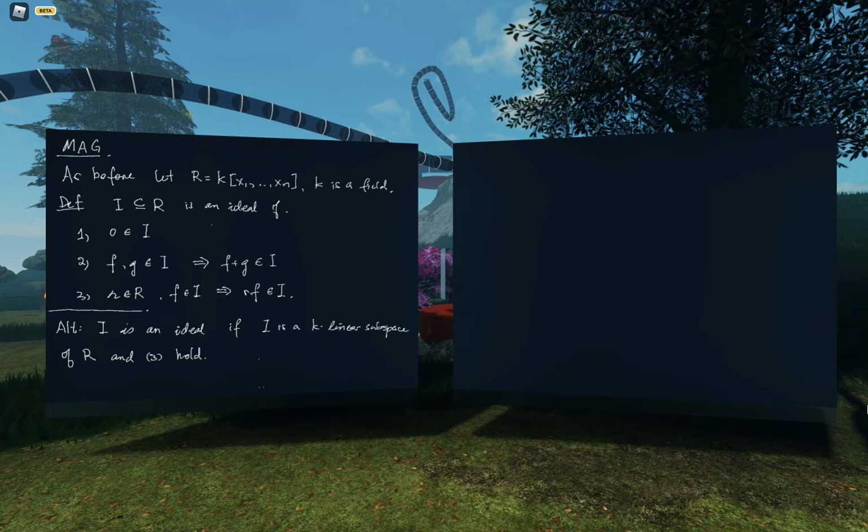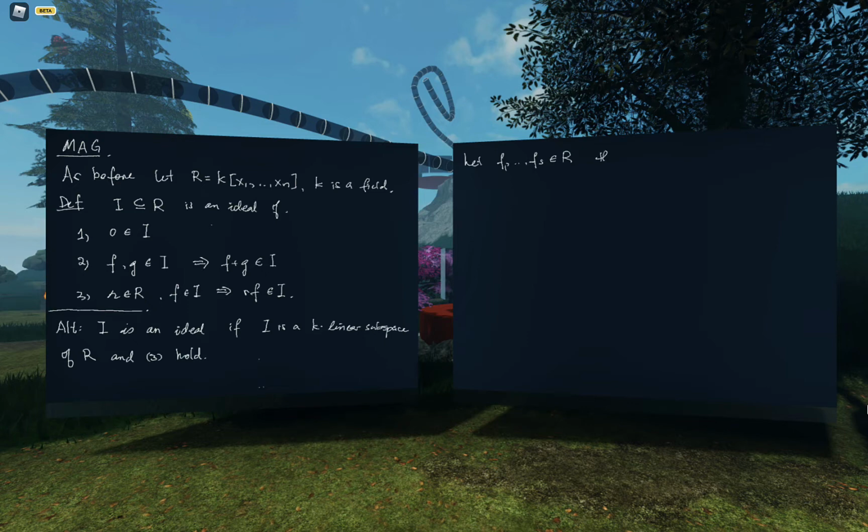Okay, so some examples or some ways of constructing it. We'll start with some elements of R. I'm going to call them F1 to Fs. I'm going to use S to denote this arbitrary number of elements, as opposed to N. I'll reserve N as the number of variables, and S will be for these guys.